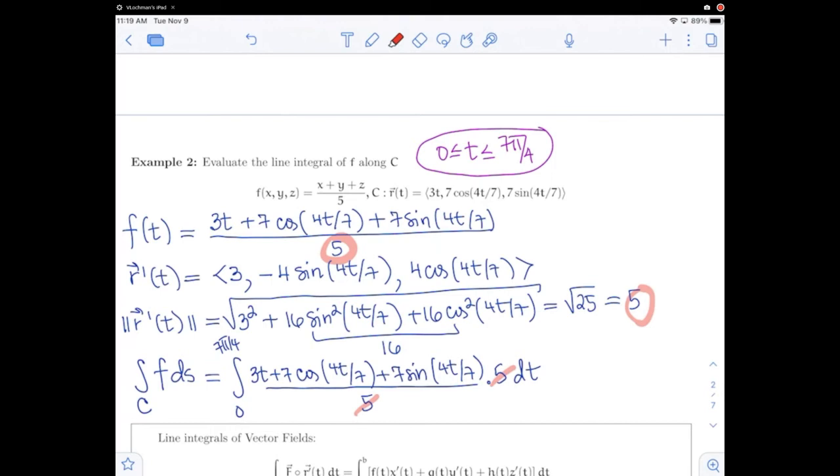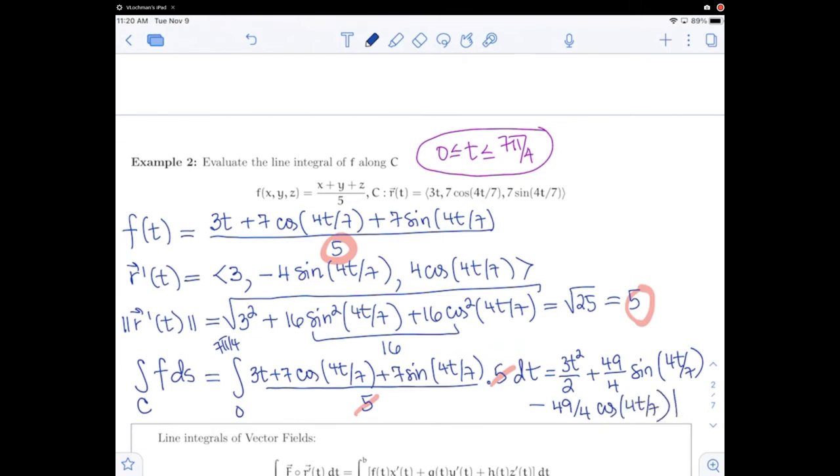Some things will cancel out, not everything. What's our antiderivative? We can compute that real quick. 3t squared over 2, and then here we'll get 49 over 4 sine of 4t over 7, and then one more thing is going to be negative 49 over 4 cosine of 4t over 7.